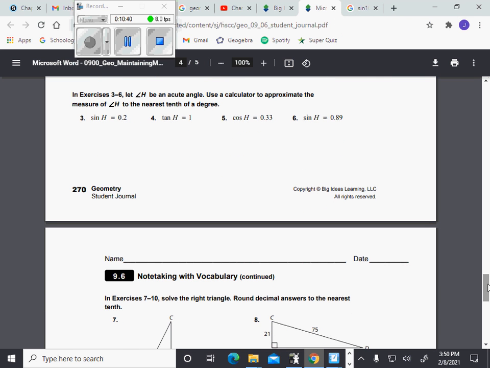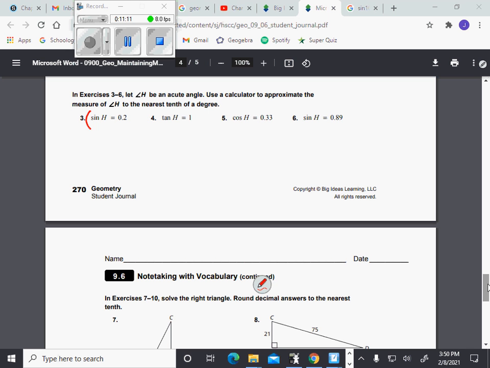Down here, let H be an acute angle. Use a calculator to approximate the measure of angle H to the nearest tenth degree. We have sine of H equals 0.2. We want to find the actual measure of H. So we have to get rid of the sine. How do we get rid of sine?